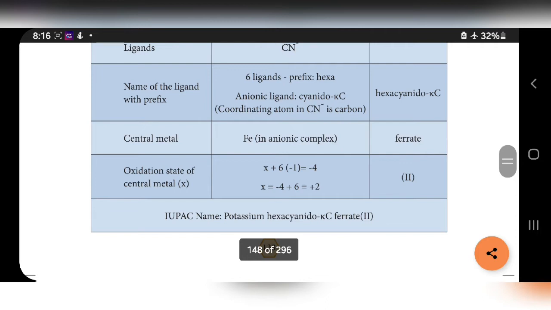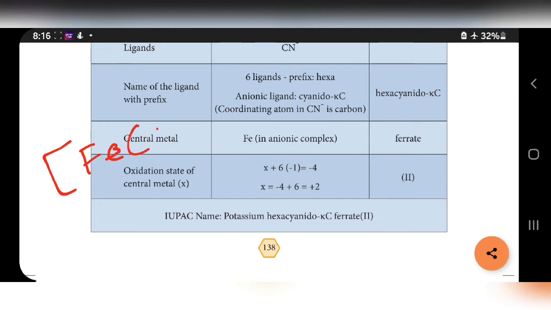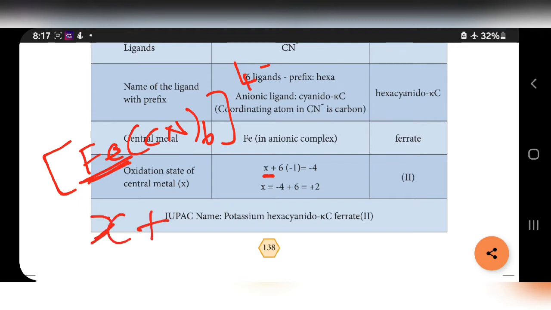And the oxidation number is given. We can determine the oxidation number of the central metal ion using this structure [Fe(CN)6]4-. We are going to calculate the charge of the central metal ion only. Let us assume that is X, plus totally how many ligands? 6 ligands. So 6 into, for each ligand, minus 1.